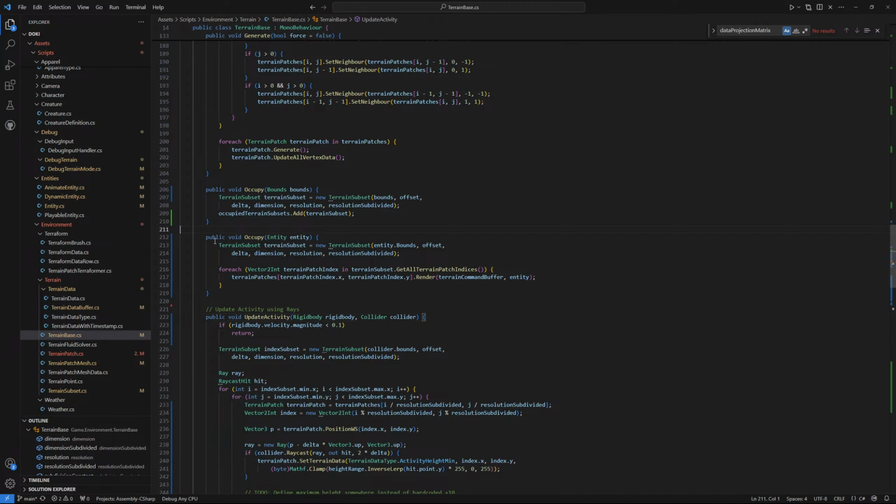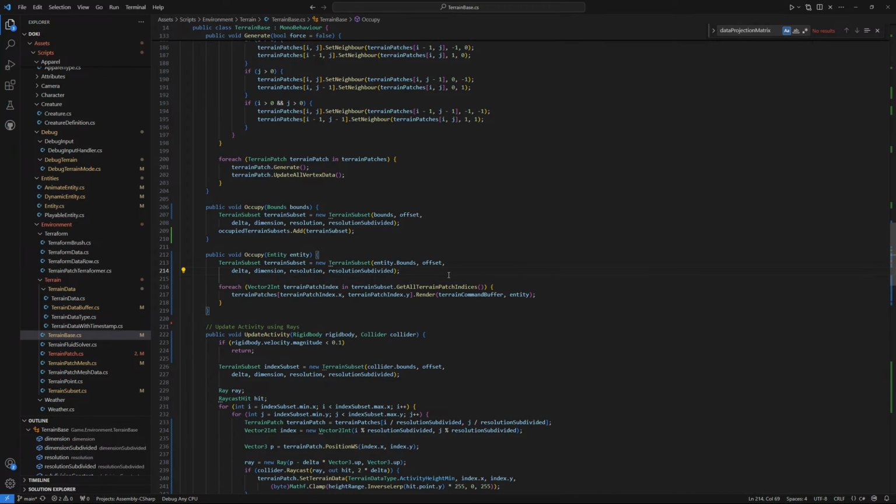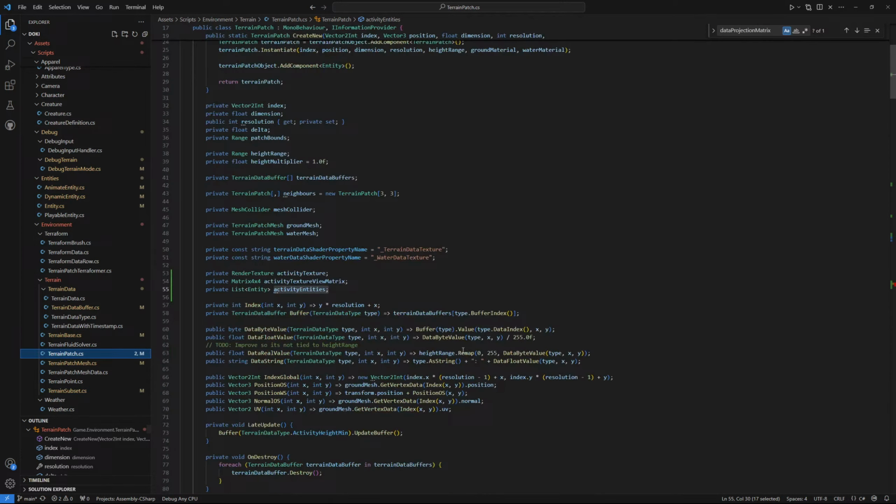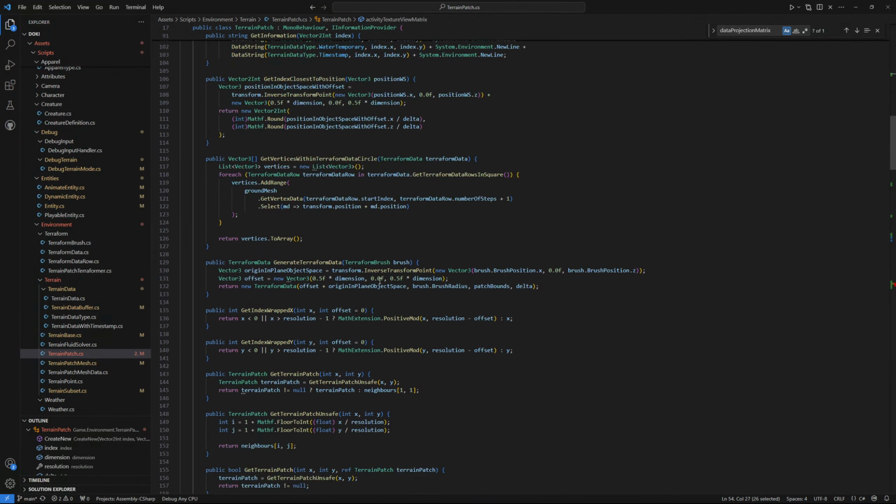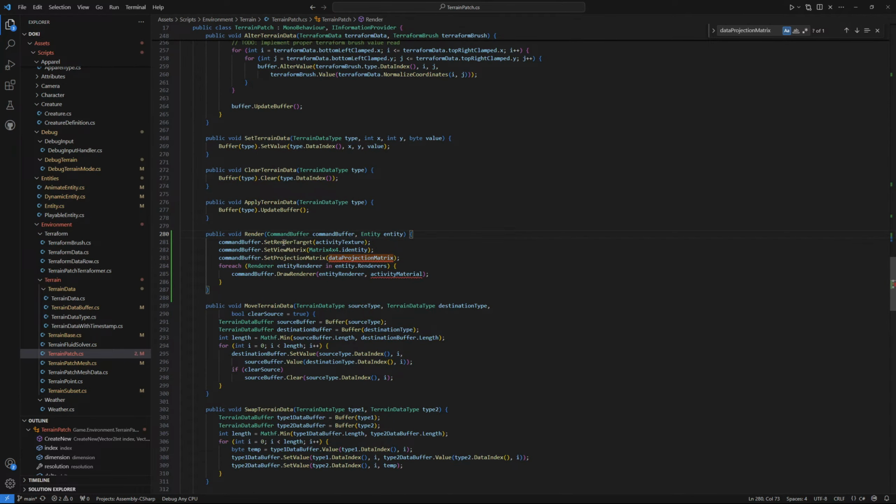I would probably like to have it in terrain base, honestly. Yeah.